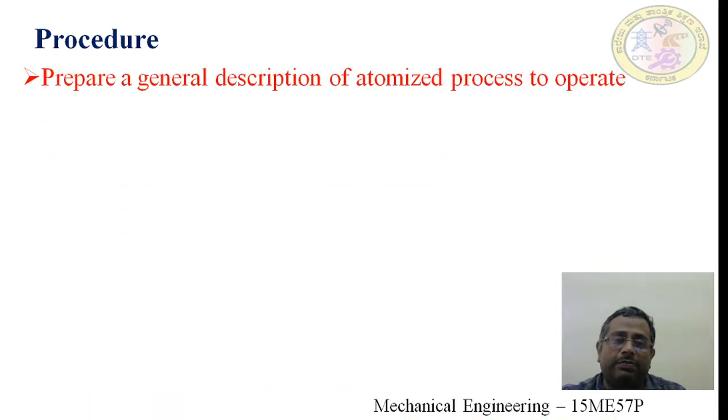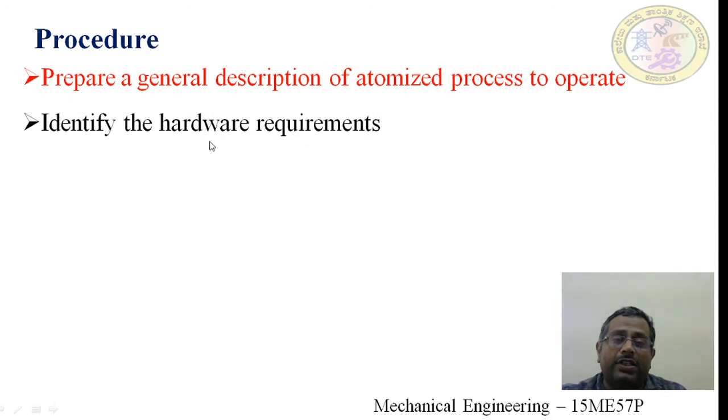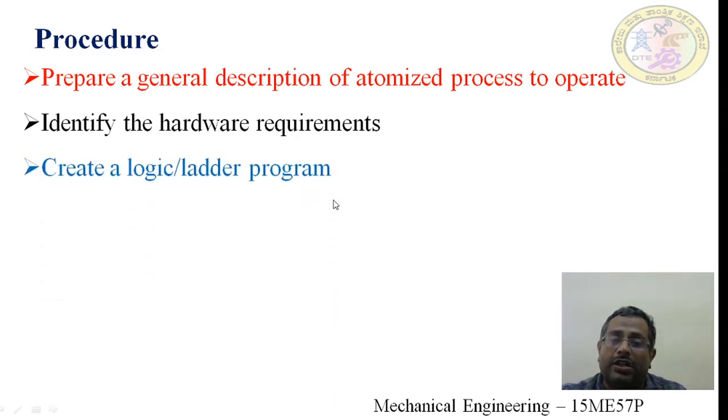First step is to prepare a general description of the automated process to operate. To operate this sequential circuit, we have to decide the automated process. Then we have to identify the hardware requirements in this logic. And then you have to create a ladder program in the software RSLogix.